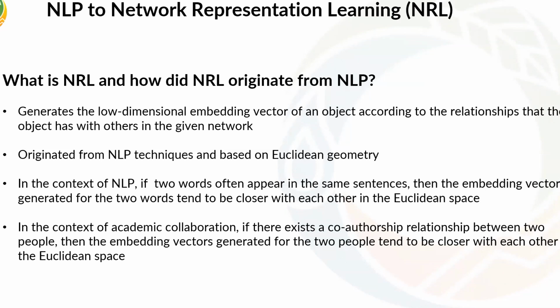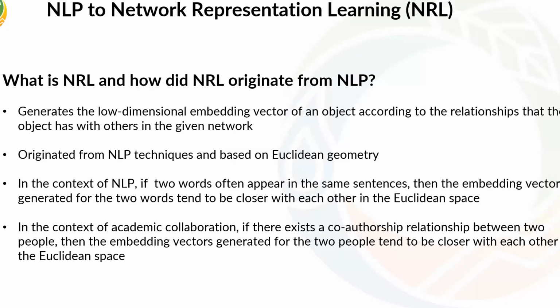Basically, in the context of NLP, if two words often appear in the same sentence, then the embedding vectors generated for the two words tend to be closer to each other in the Euclidean space. And for network representation learning, if we construct an academic collaboration network, including different academics, and they have collaborated together or published a paper together, then there's an edge between these two academics.